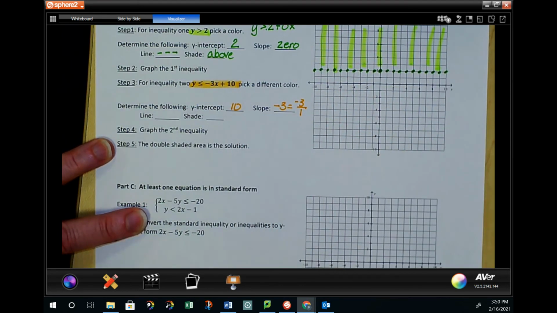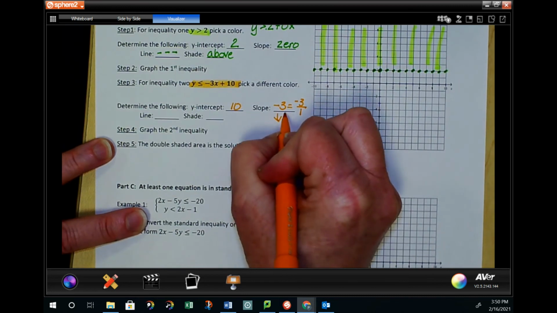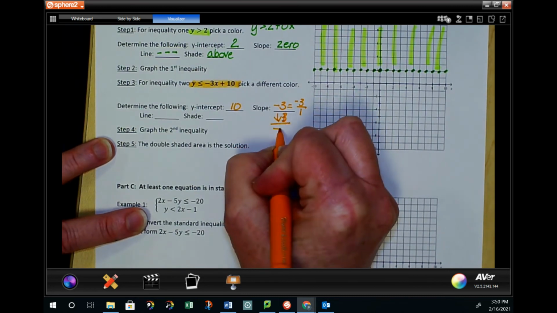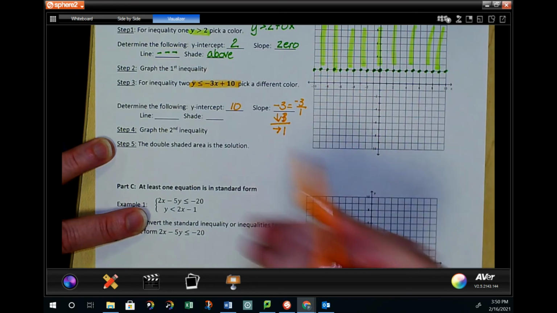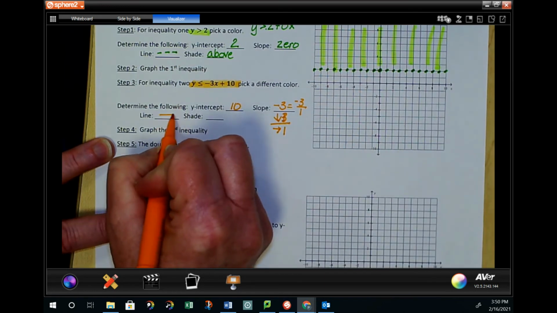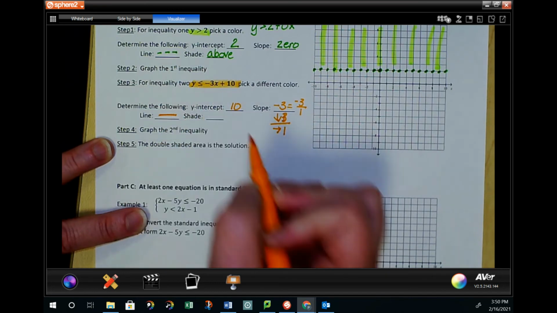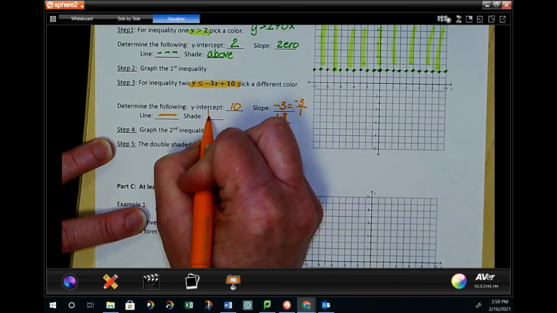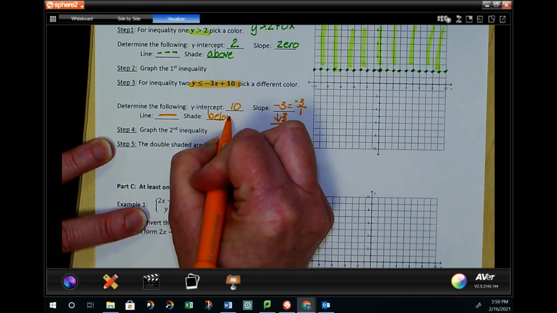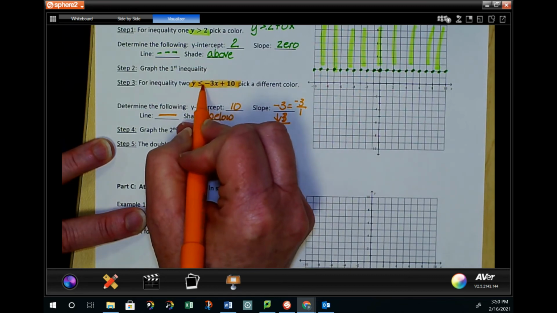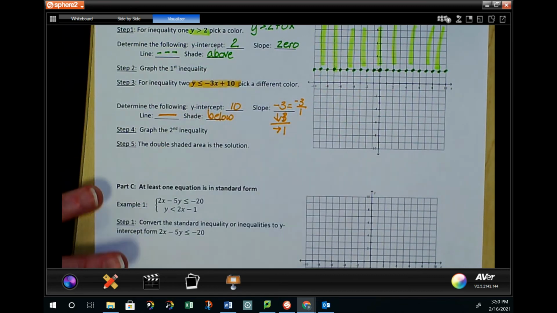You make it into a fraction. So that means I'm going to go down 3 and to the right 1. And then my line is going to be a nice solid line because there's a line under your inequality. And then you're going to shade below. The reason I'm going to shade below is because that is less than or equal to.